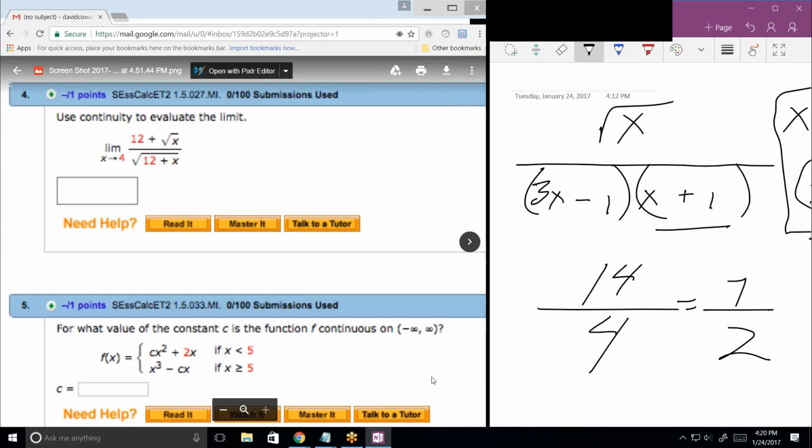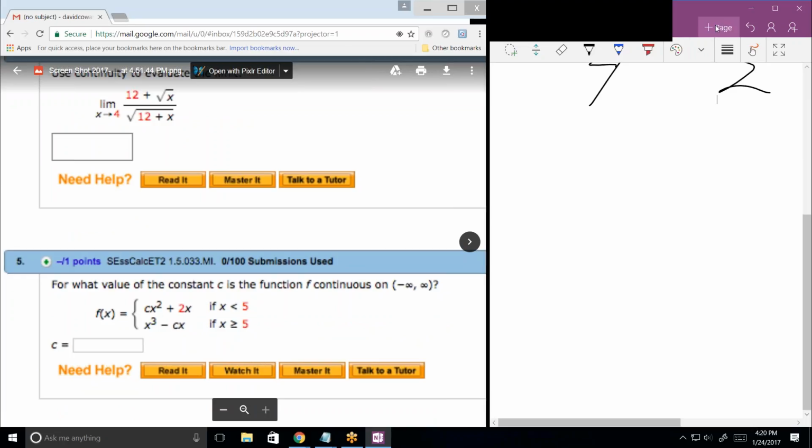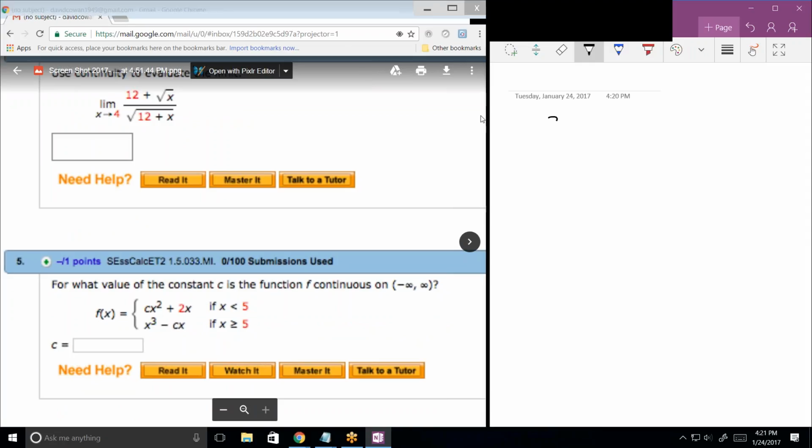Mm-hmm. Okay, let's go to 5. Now we get harder, huh? You noticed when I was looking at these? Not really. What we have here is a piecewise function, okay?